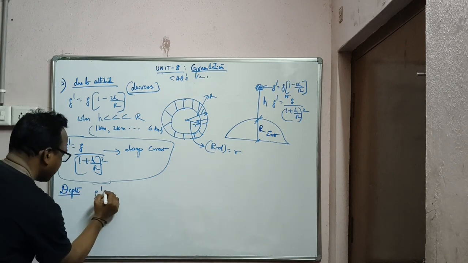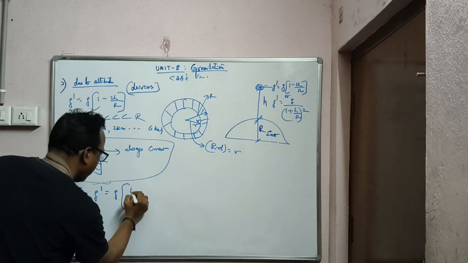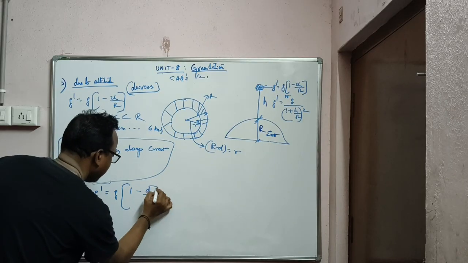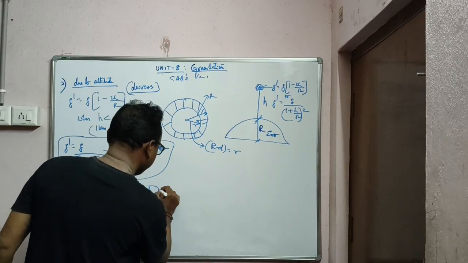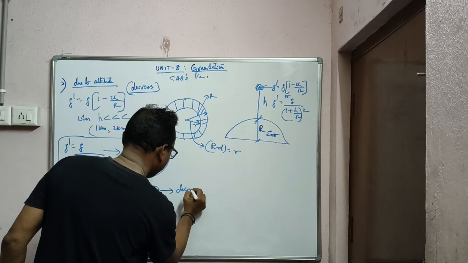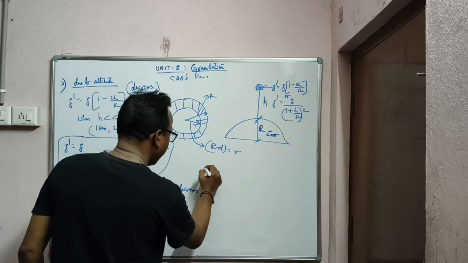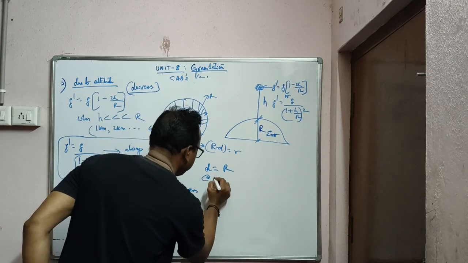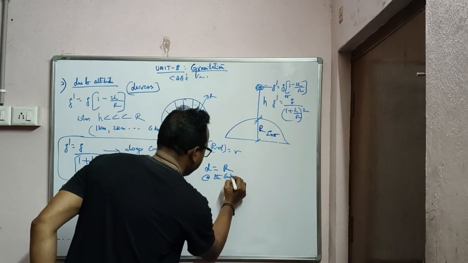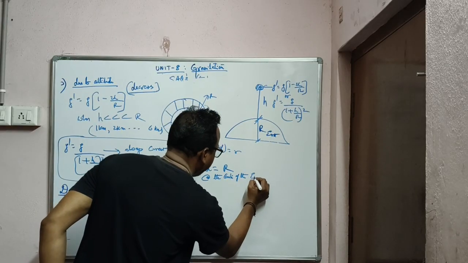the formula is g dash is equal to g into 1 minus d by r. So here also, if you observe carefully, the g value decreases. Not only that, if d is equal to r, at the center of the earth, what happens?